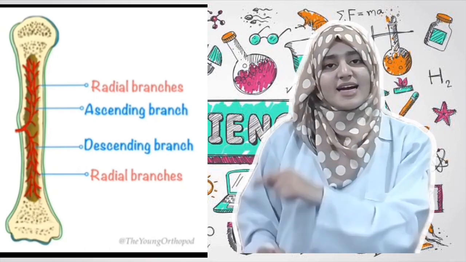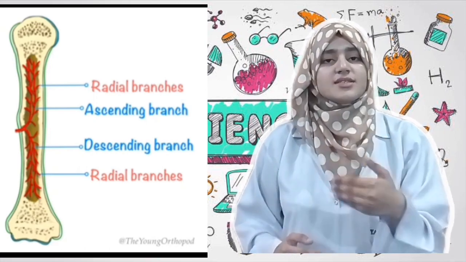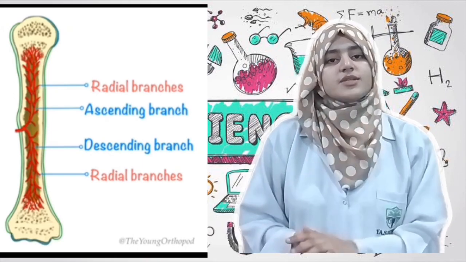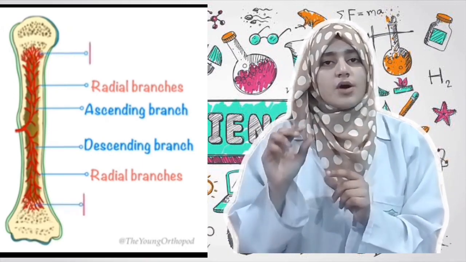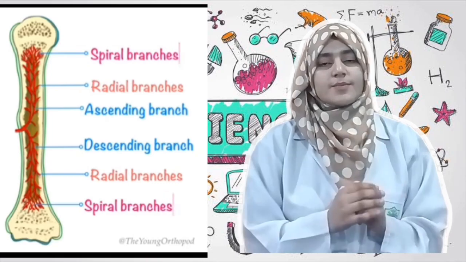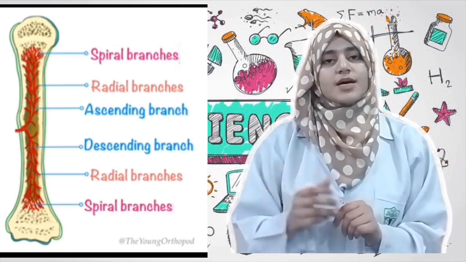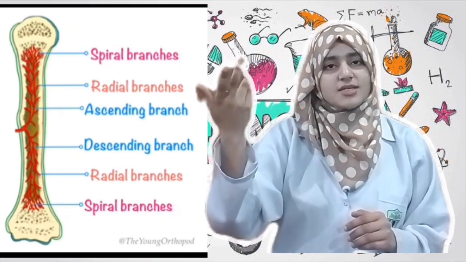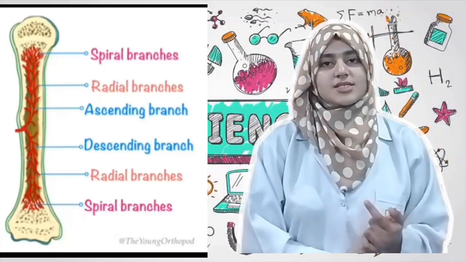The ascending and descending arteries continuously divide, and in the ends of the bone they form small spiral branches. The small spiral branches then anastomose with the metaphyseal arteries or epiphyseal arteries.